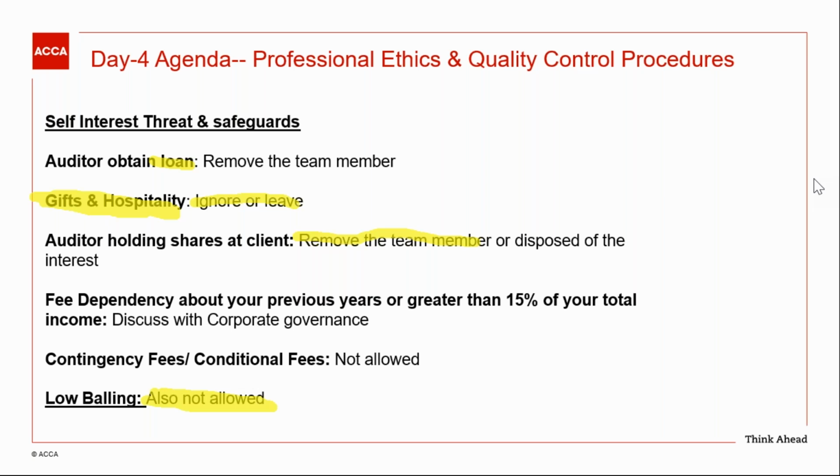If the auditor does not audit the important areas, it ultimately leads to a risk of material misstatements in the financial statement. So here audit risk becomes higher. The auditor may give an inappropriate opinion because the important areas of the financial statement were not audited. So it becomes a big risk for the public interest as well. So this is all about low balling.